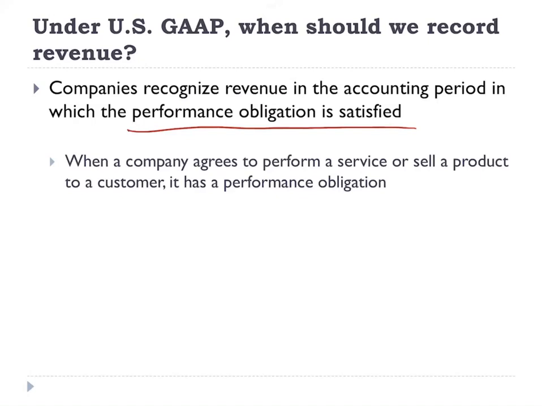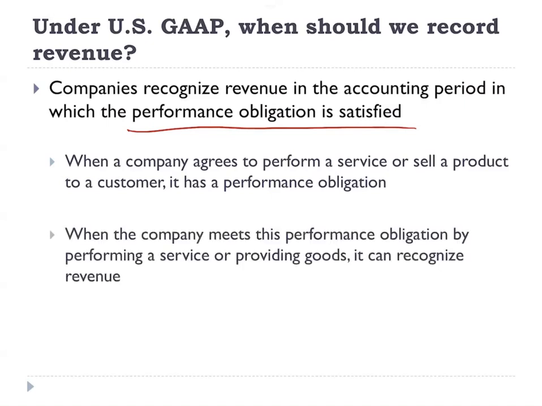When a company agrees to either perform a service or sell a product to a customer, it has a performance obligation. And when the company meets those performance obligations by either performing a service or providing goods, it can recognize revenue. This is the rule under the current US GAAP.